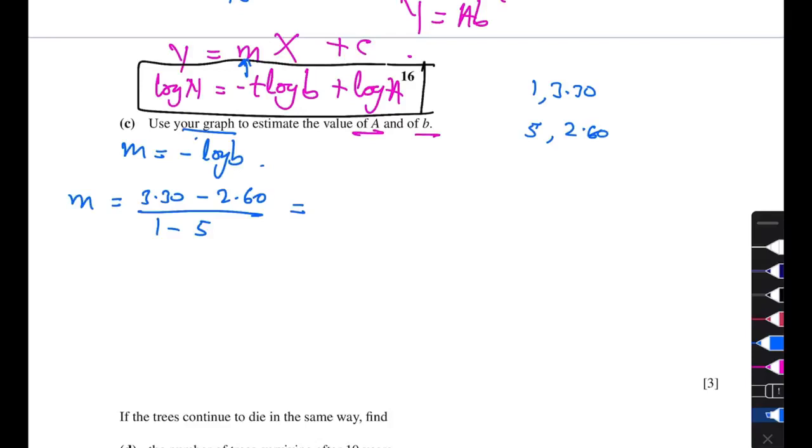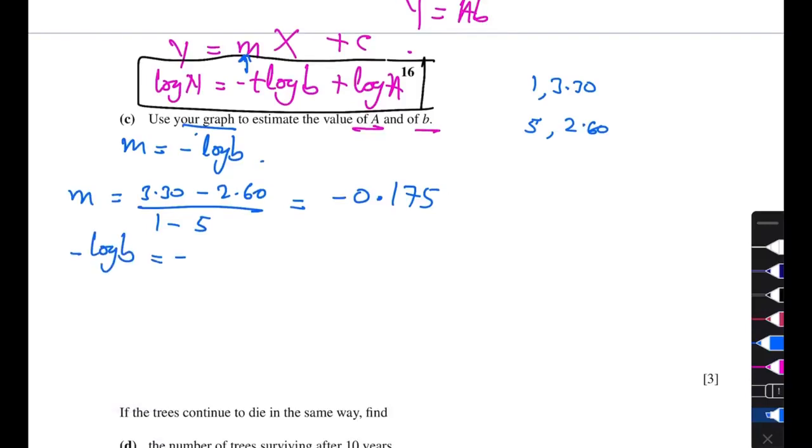3.30 minus 2.60 divided by negative 4, right? So that will give us negative 0.175. So we can say that negative log b is equal to negative 0.175. Now know that the base here is 10, so first let's divide through by negative 1 to get rid of the negative on both sides.